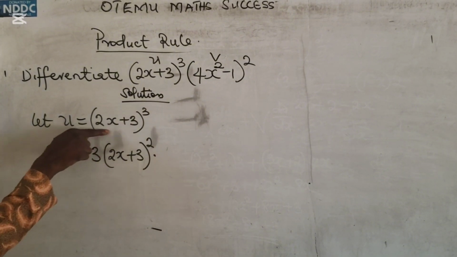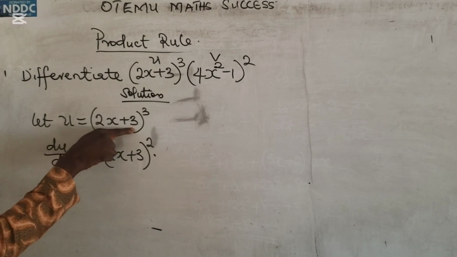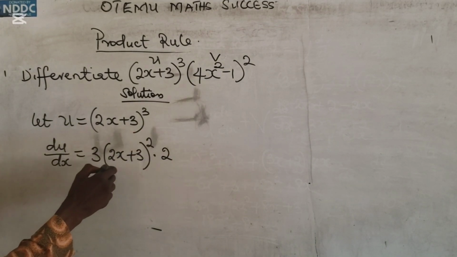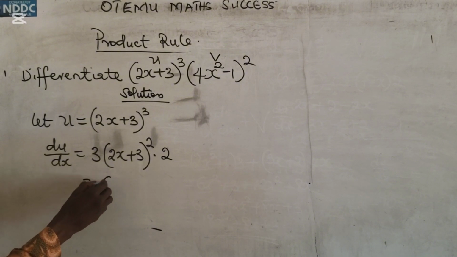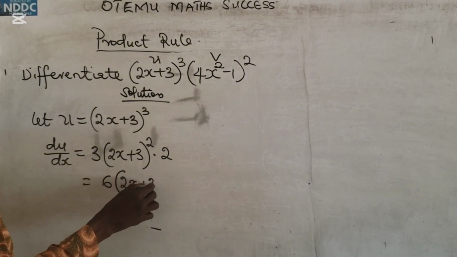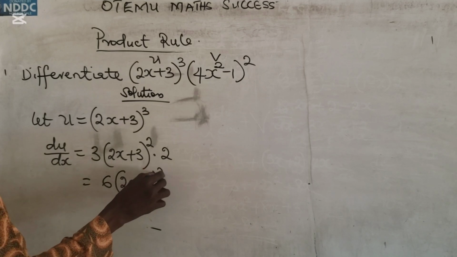You will now differentiate what is inside the bracket, and differentiate gives us 2. So therefore, 2 times 3 is 6 into (2x + 3)^2.